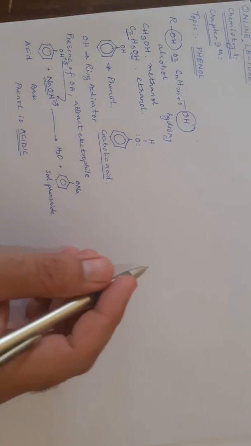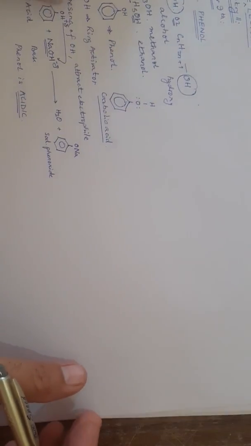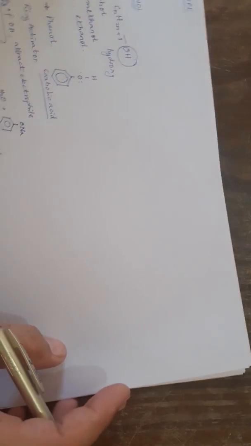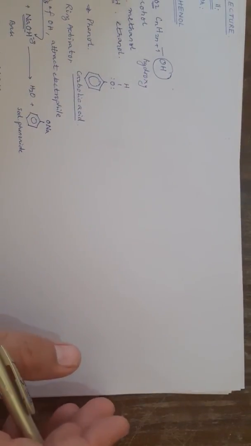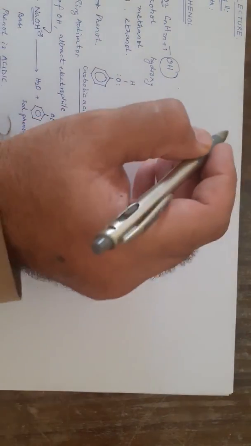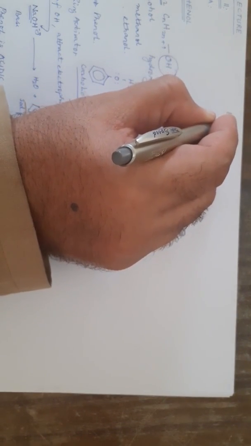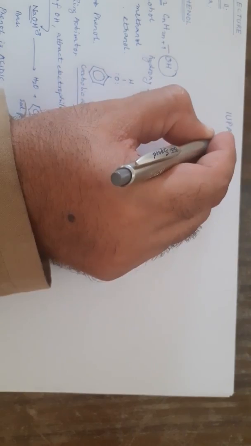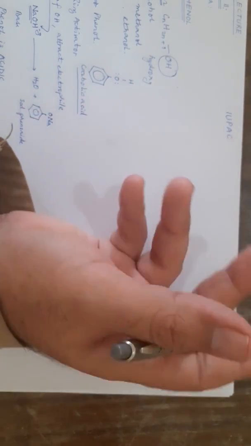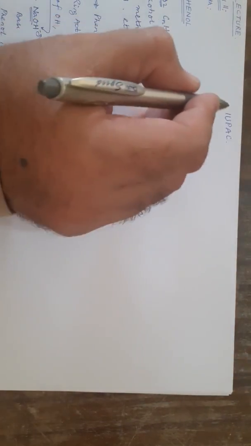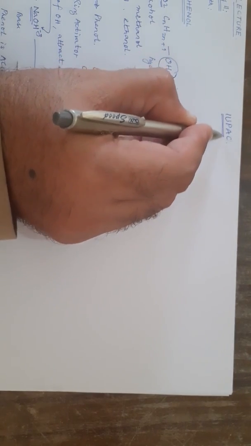Now I will jump towards the next topic, which is the naming, how we name phenols, or we can say nomenclature. As you all know, IUPAC, International Union for Pure and Applied Chemistry, sets many rules for naming of the organic compounds.